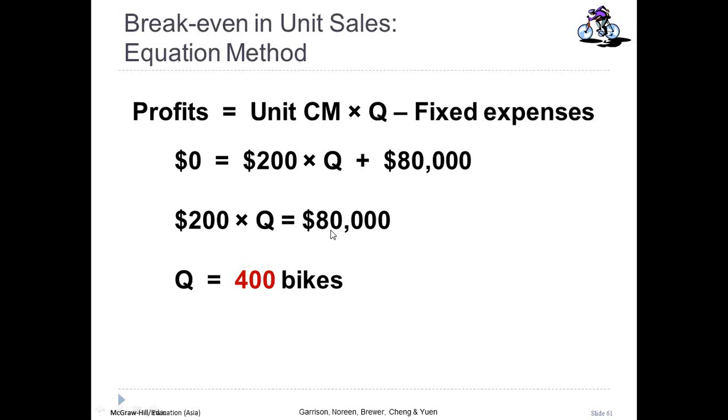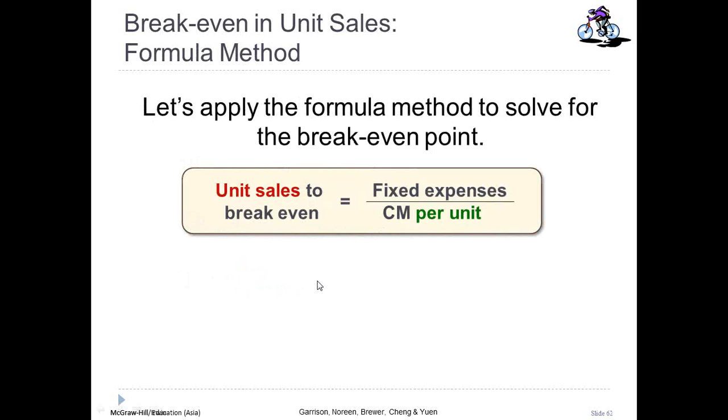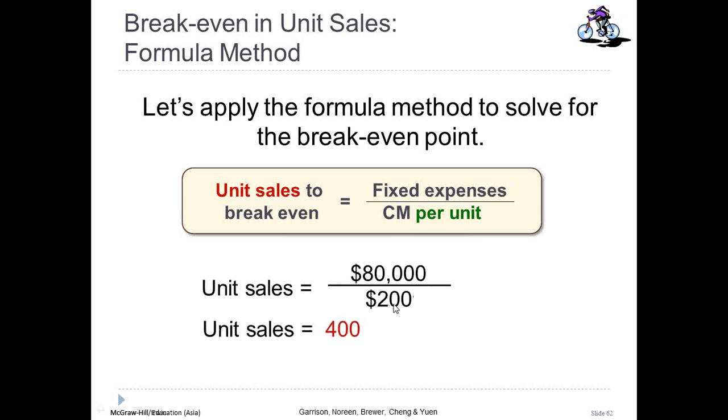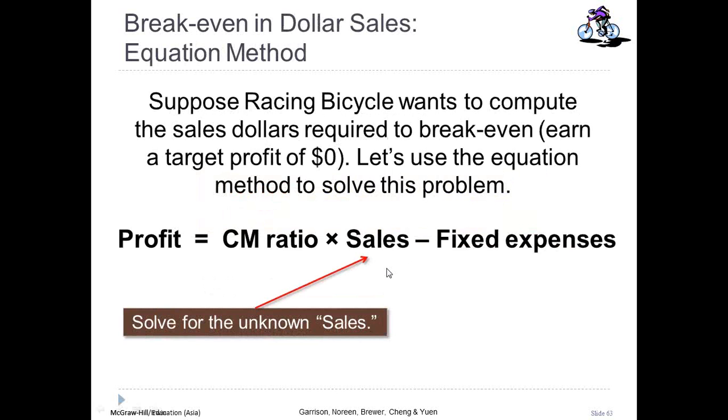Divide 80,000 by 200 equals 400 bikes. We use the formula method to come up with the same value. $80,000 is our fixed expenses divided by contribution margin per unit, $200, gives $400 unit sales.